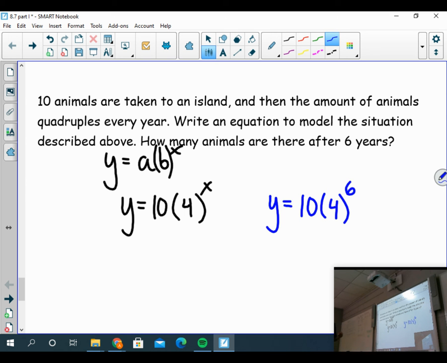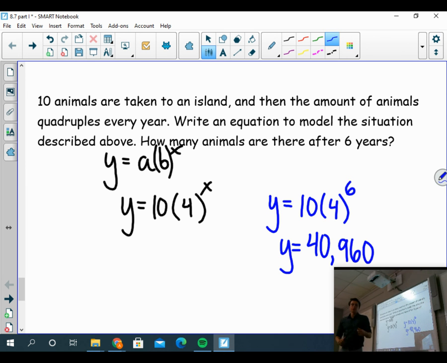They quadruple every year, 6 years go by, 6 will be the number of times the quadrupling occurs. And when you plug this into your calculator, you'll do 4 to the 6th, and whatever you get there, multiply it by 10. You are going to get 40,960 animals.